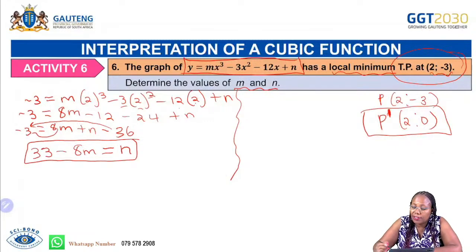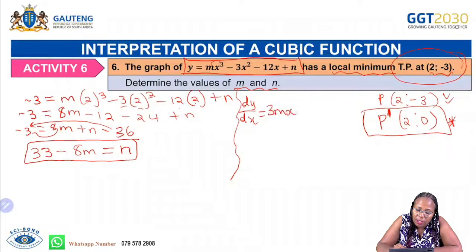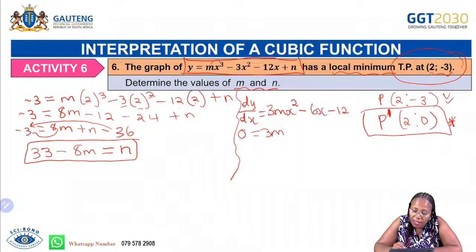To derive the second equation, we are going to use the derivative. We are deriving dy/dx: deriving y in terms of x is 3mx to the power 2 minus 6x minus 12. Let it equal to 0. Then 3m times x, which is 2 there, squared, minus 6 into 2, minus 12.